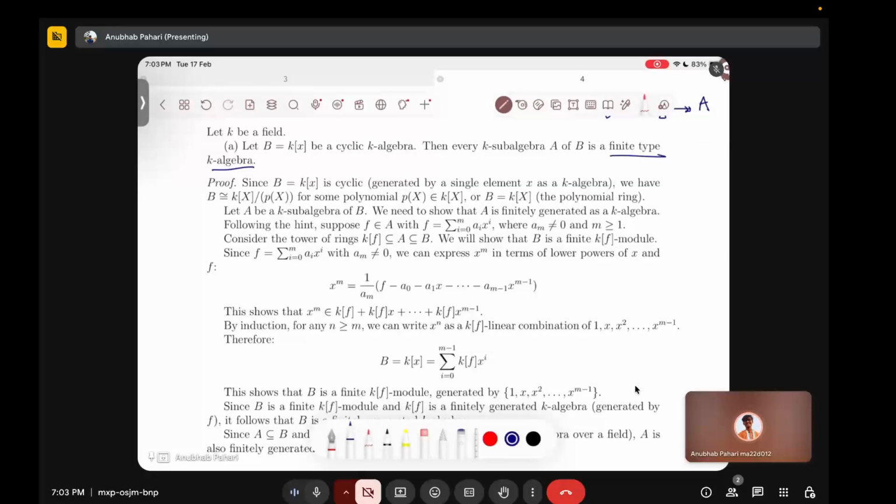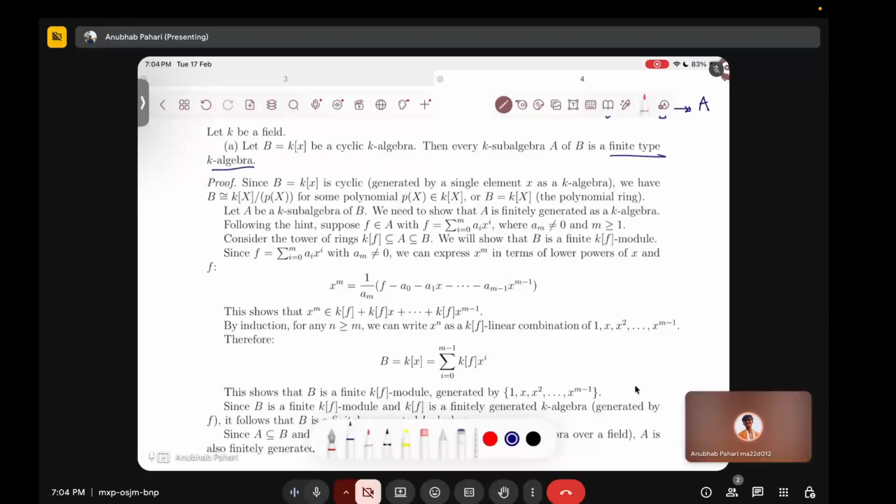Now let's move on to the methodology. Let A be a K-subalgebra of B, and we need to show that A is finitely generated as a K-algebra. Following the hint given in your assignment, suppose f coming from A is of the form summation of a_i x^i, where i runs from 0 to m, and where a_m is not equal to 0 for m greater than or equal to 1.